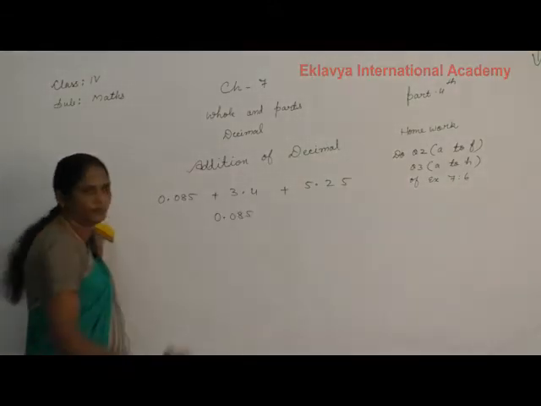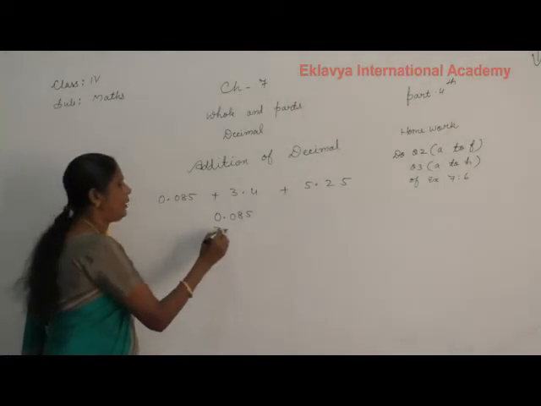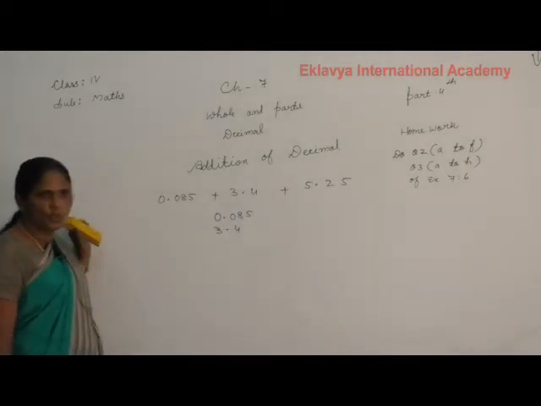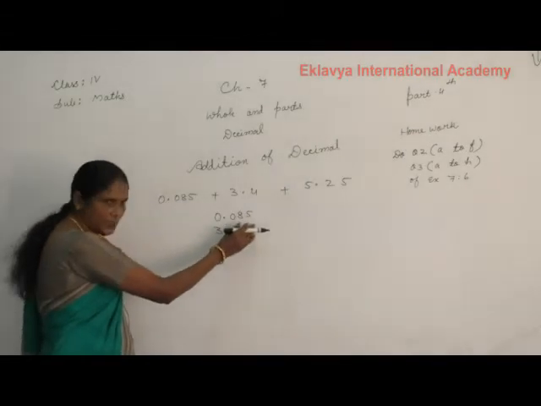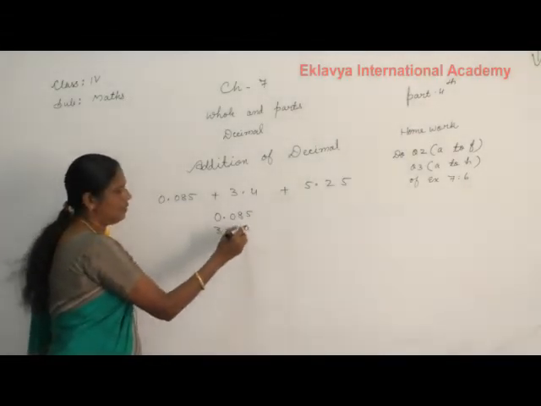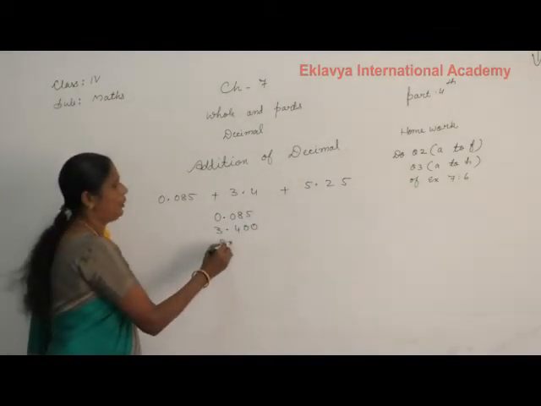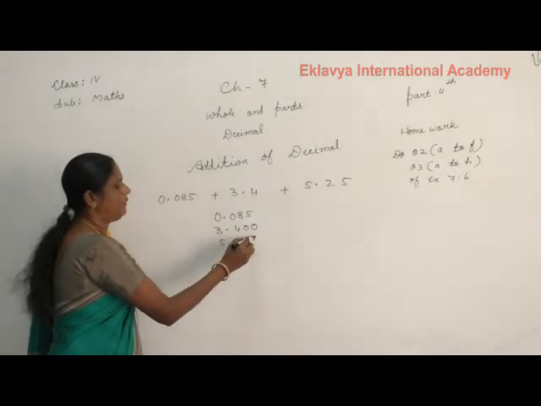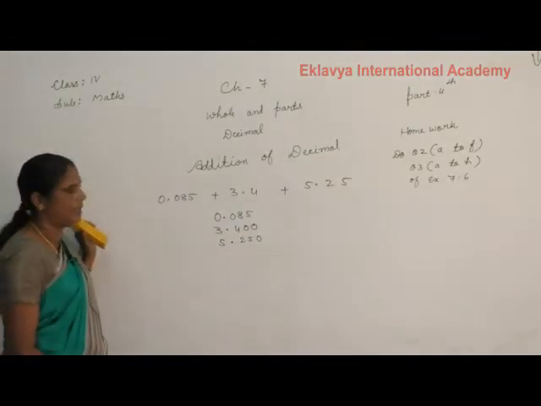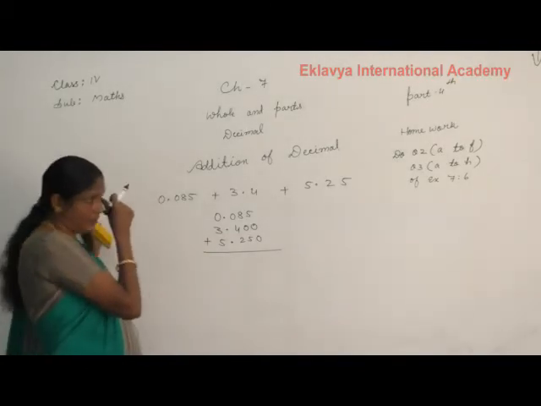0.085, then 3.4. How many 0s do you put? You don't write in one space. Here 10, 100, 1000. 0, 0. Then 5.250. Then you add these numbers.